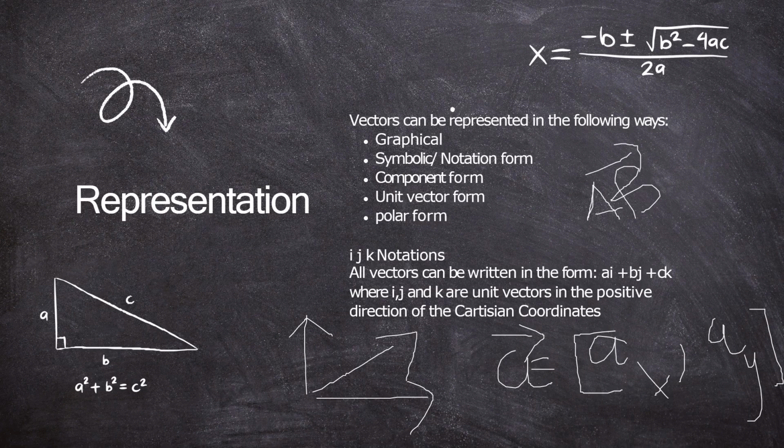So ax simply means how much distance it is from the x-axis, and ay means how much distance it is from the y-axis. So I hope you understood what is component form.